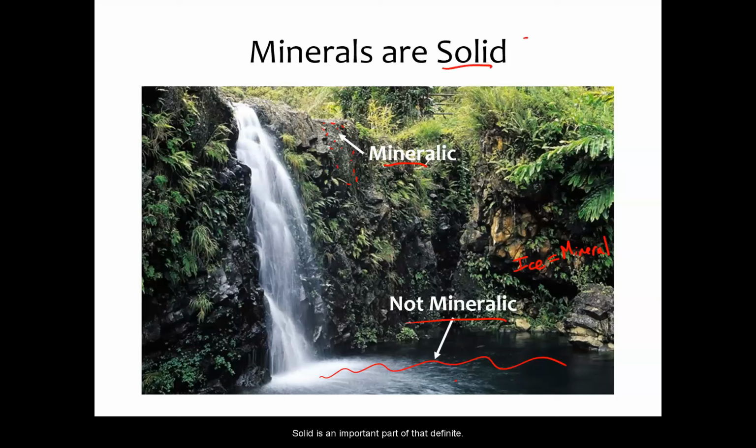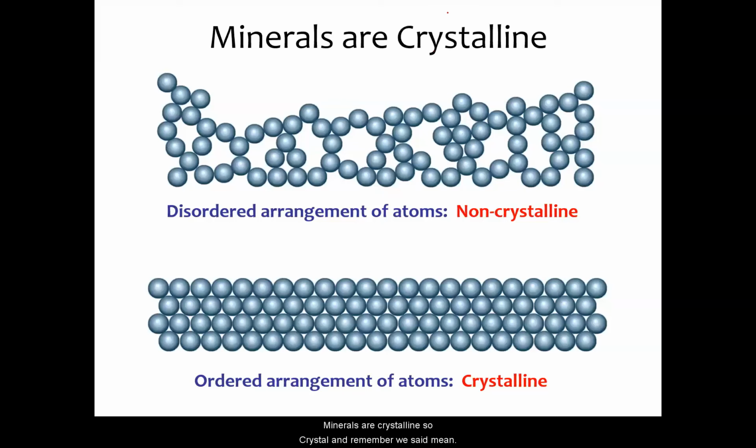Minerals are crystalline. Crystalline, remember we said, means the atoms are ordered. In a pattern like this one down here, the atoms are very well ordered. This is just a 2D representation of a 3D shape. You can see it's got atoms that are repeating at a very definite spacing in a particular direction.